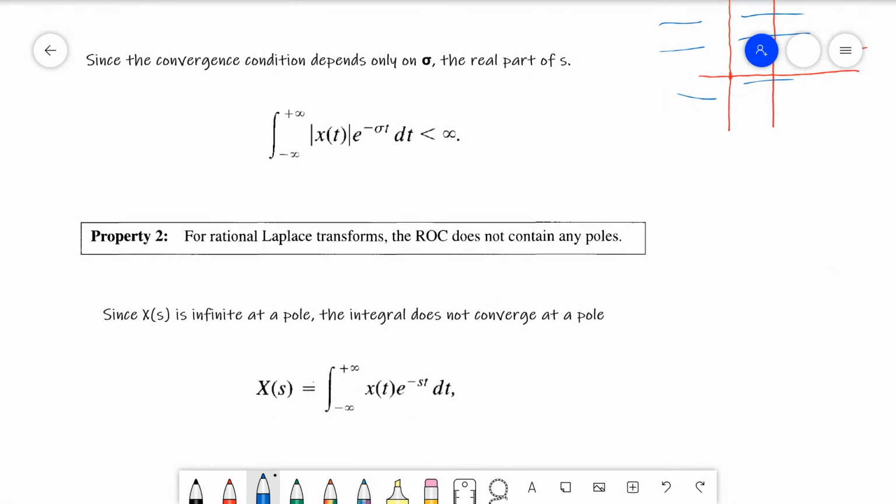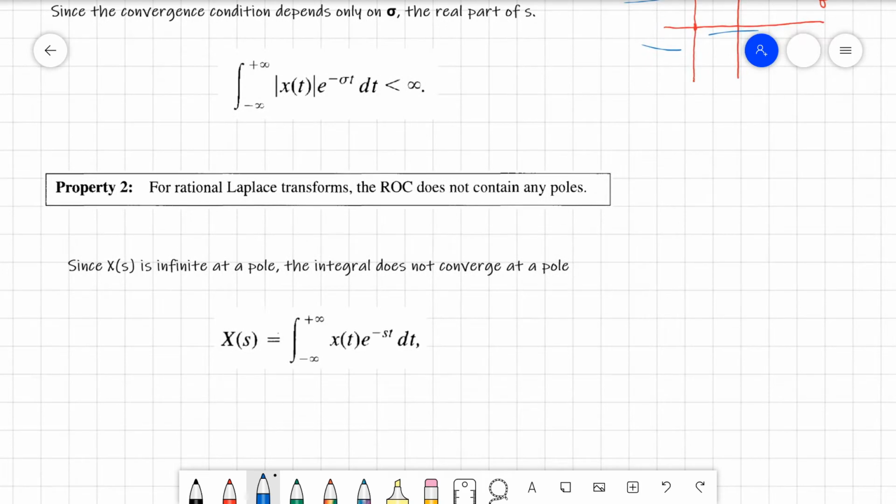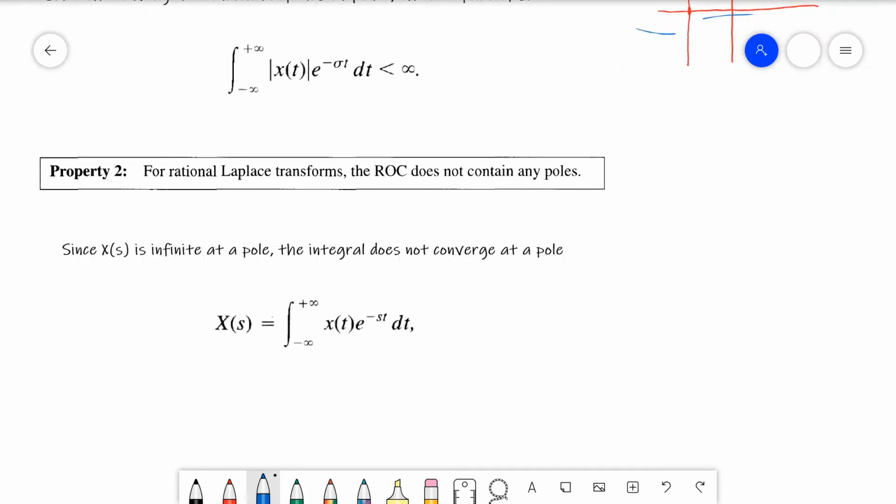Property number 2 states that for rational Laplace transforms, the ROC does not contain any poles. We have already seen the definition of the pole. So let's suppose X of S is N of S divided by D of S. Then poles will be those values of S where D of S goes to 0 and X of S goes to infinity.